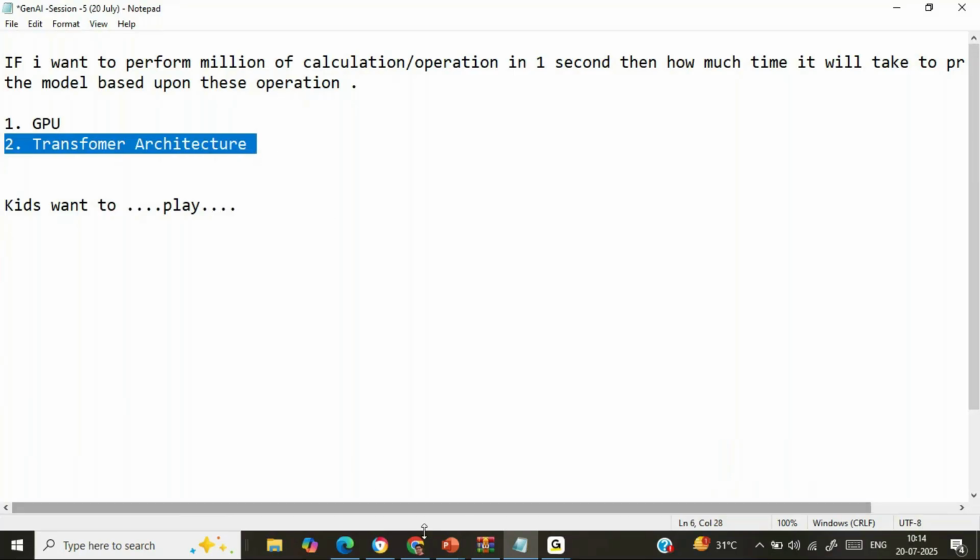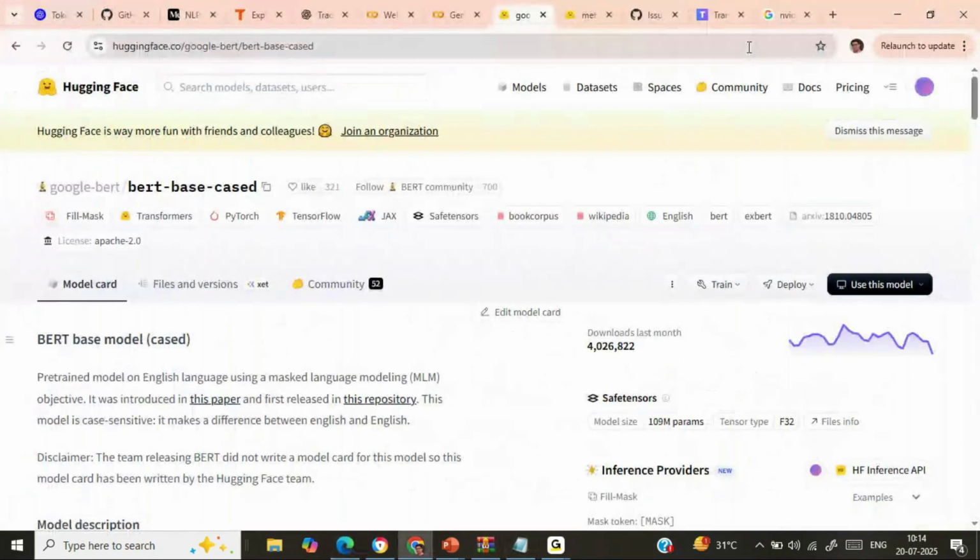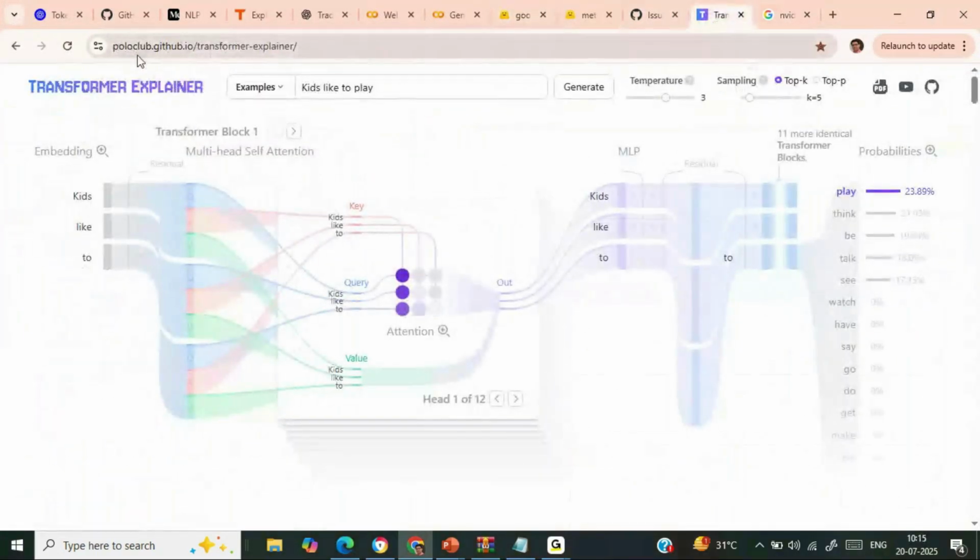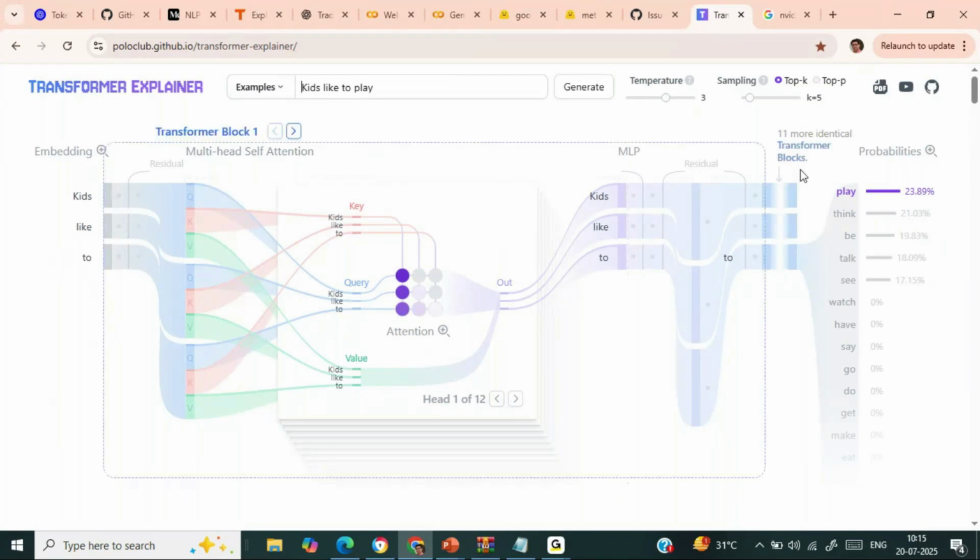So let me show you one thread that I'm having. So this is Polo Club dot github.io, and over here we will be able to understand the transformer architecture. There are certain things which you are able to see, like embedding, then multi-head self attention, MLP, a transformer block, probabilities, and all. No need to worry about this. Just try to understand the things at this moment.